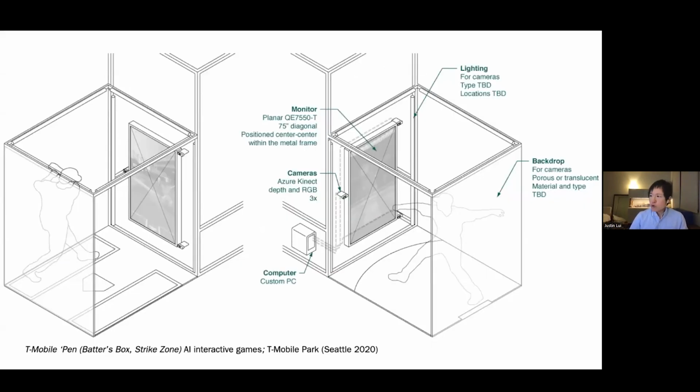Here's a diagram showing those two installations, the baseball batting one and the baseball pitching one, and also callouts for what the computer hardware would be and where it would go in the overall installation.